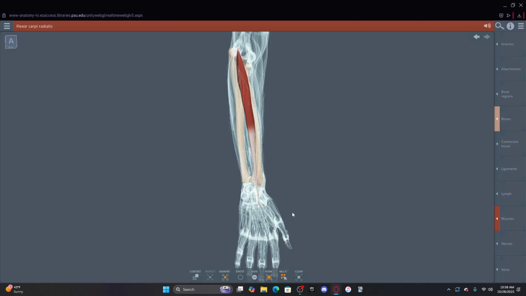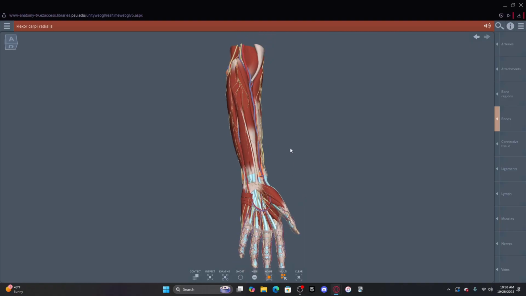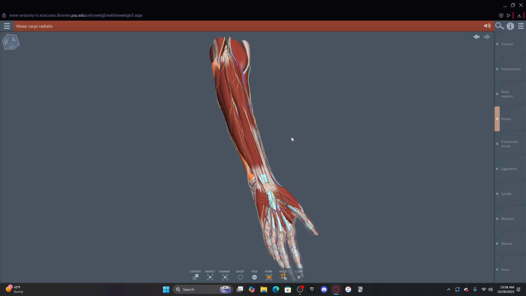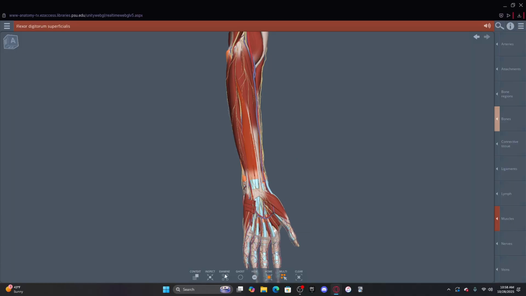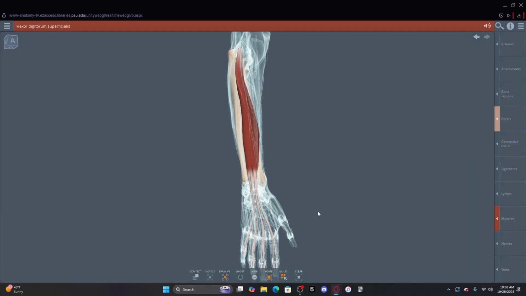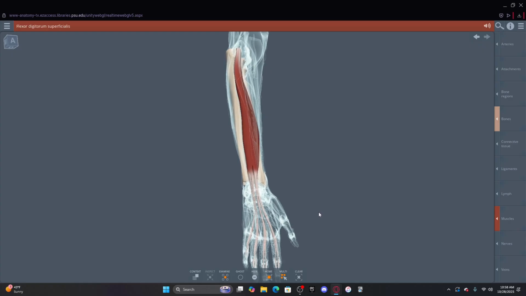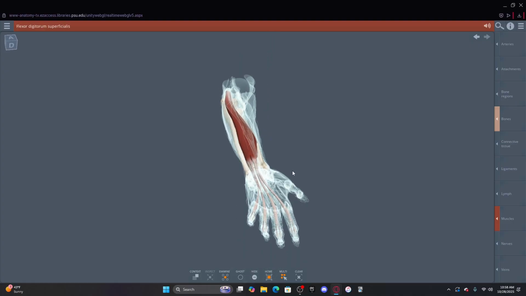And the next muscle we're going to look at is flexor digitorum superficialis, right? If I examine it, it's going from generally the forearm to digits 2 through 5.